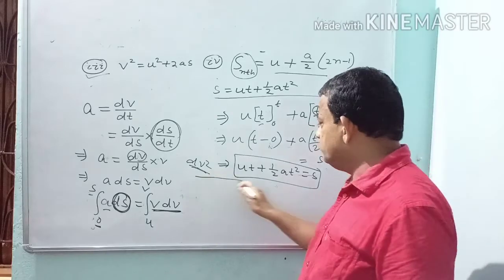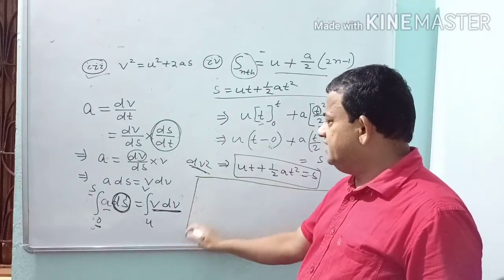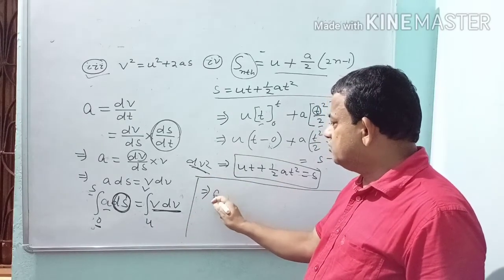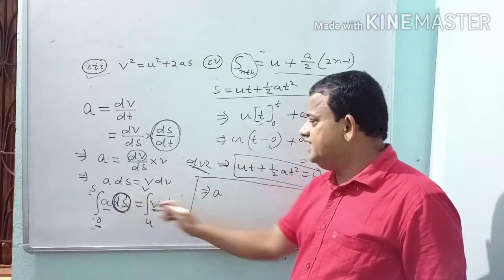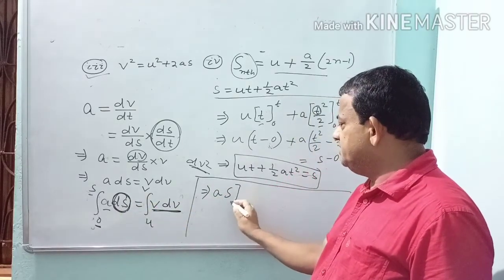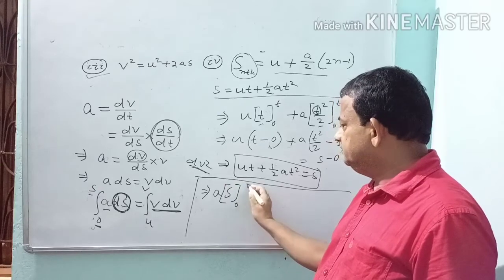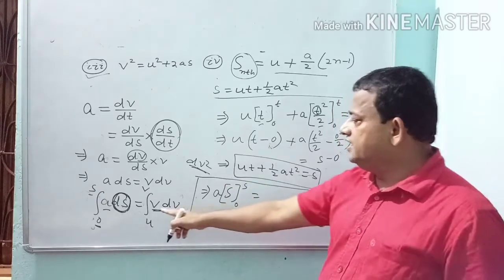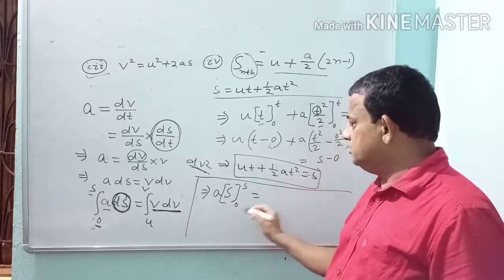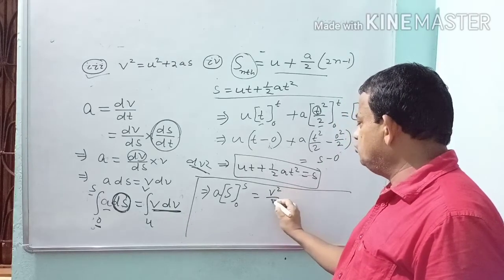Now you integrate, what you get? On the left side, a is constant, so the integration of ds is s, with the limit. Here it is v dv. What is the integration? v square by 2.